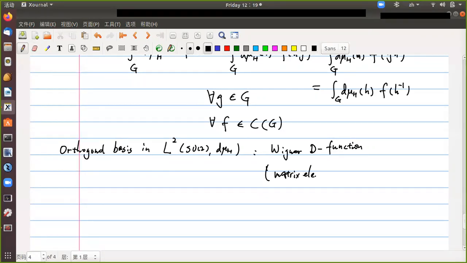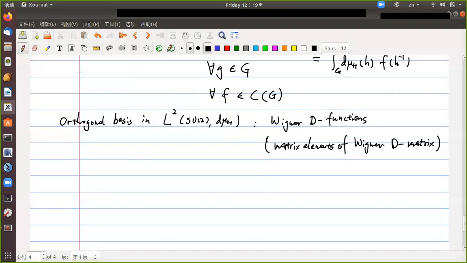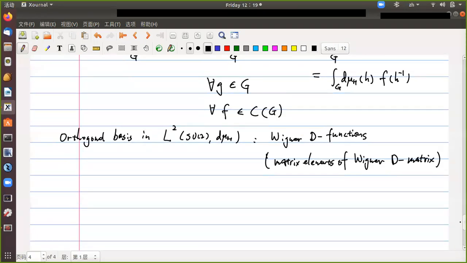The reference for this is Wikipedia, where there is a very detailed discussion about the Wigner D matrix.